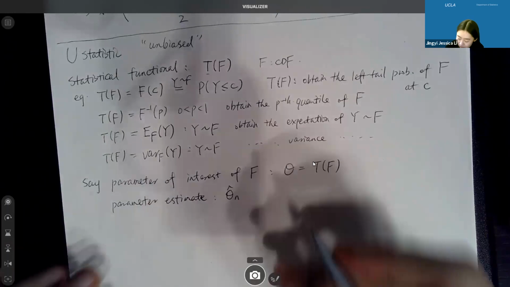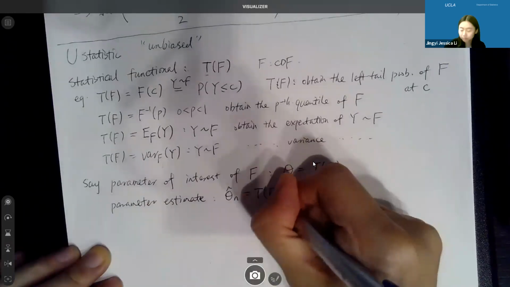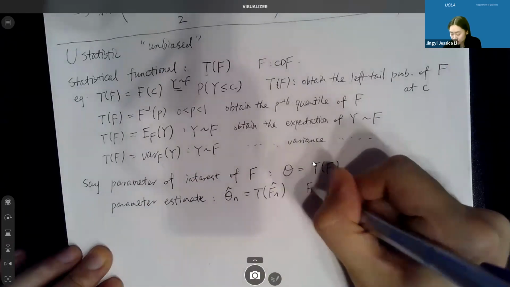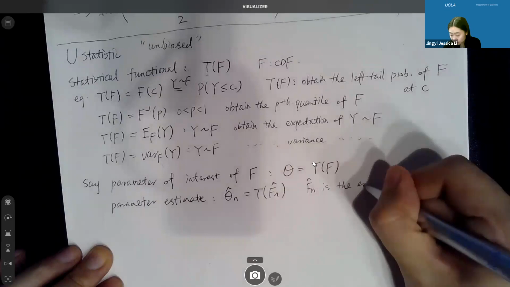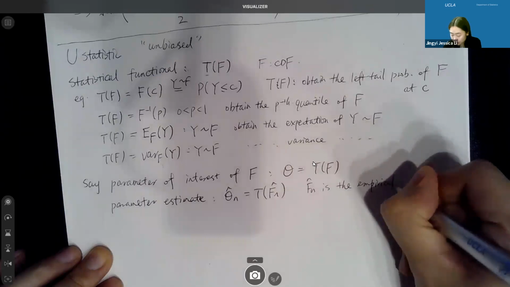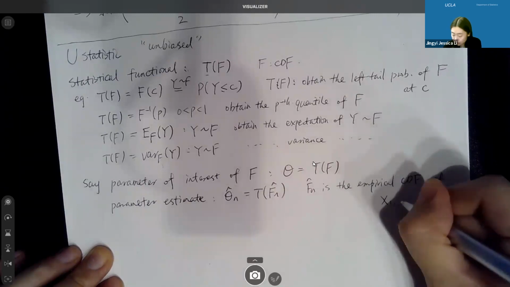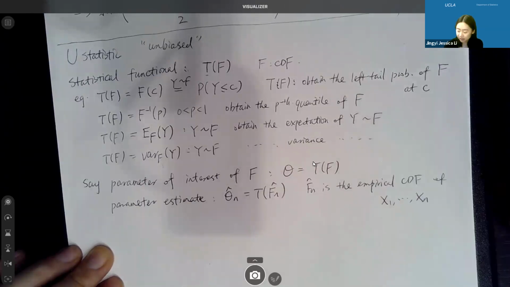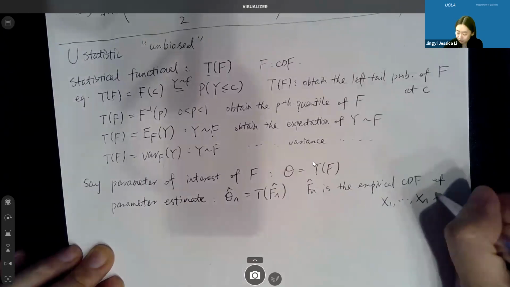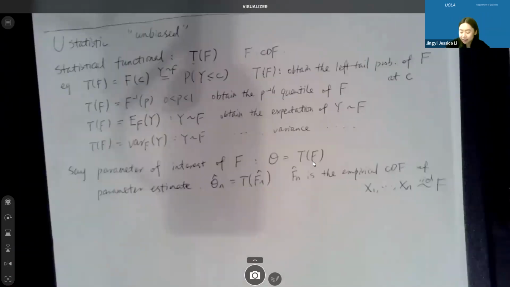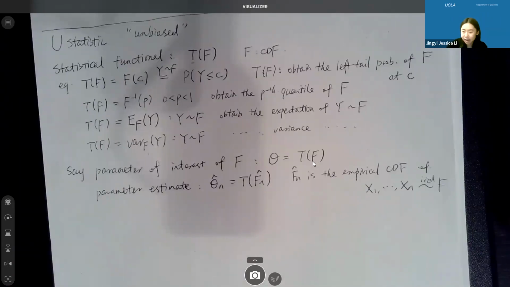We can just say, how about we write T(F hat), where F hat is the empirical CDF of my sample X1 to Xm, and let's say they are IID following F. With this, I can naturally have a parameter estimate for any parameter that can be written as a statistical functional.